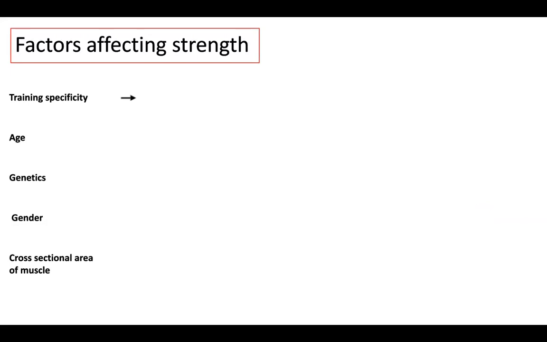So first of all, training specificity has to align with the correct training to increase our strength, i.e. if you want to increase strength and you're doing a high intensity interval training session or a continuous training session, this is not going to improve our strength. We have to do, for example, weight training. So that is a factor that affects strength.